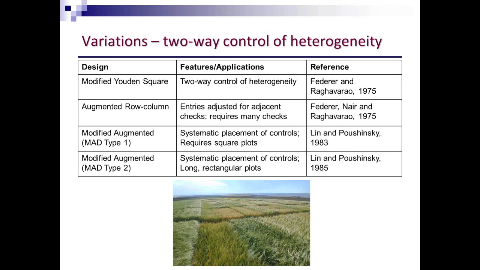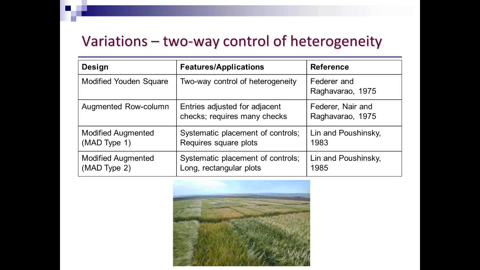Okay, now there are a number of variations that we don't have time to go into today, but I will give you sort of a lead, and then there'll be more discussion of this in future webinars. For example, if you wanted to control variation in 2 dimensions, you could use a modified Latin square.